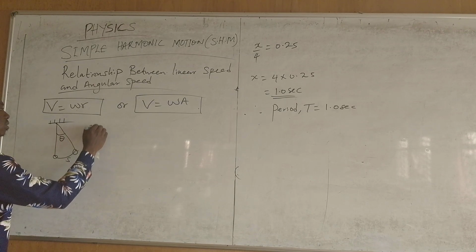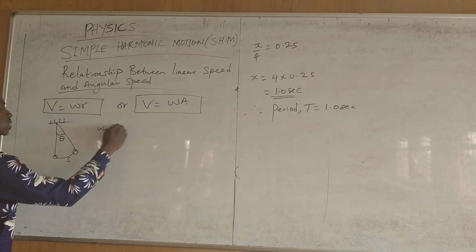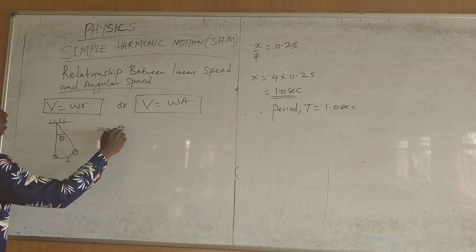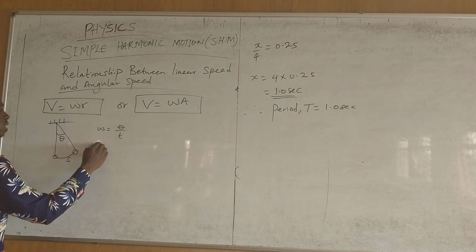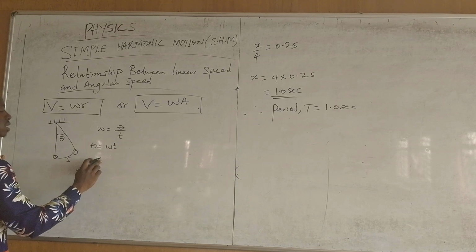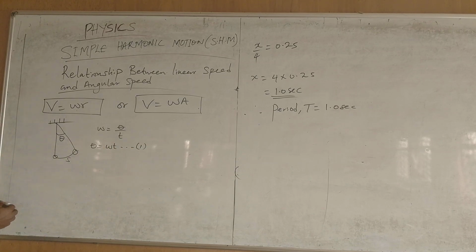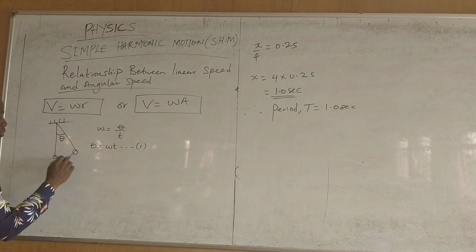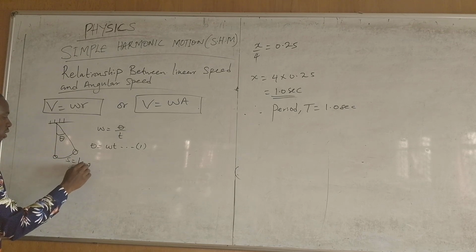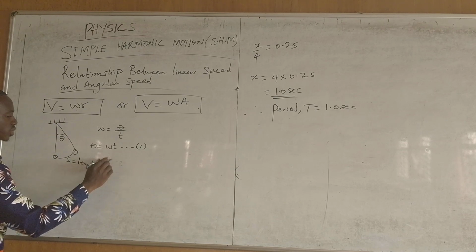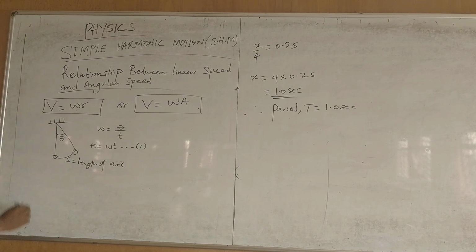Then I said angular speed is equal to the angular distance traveled over time, and then theta is equal to ωt. So I can call this equation 1. Please just follow me. Now this is the distance traveled, which can also be called length of arc, if you are familiar with mensuration of plane shapes in mathematics.